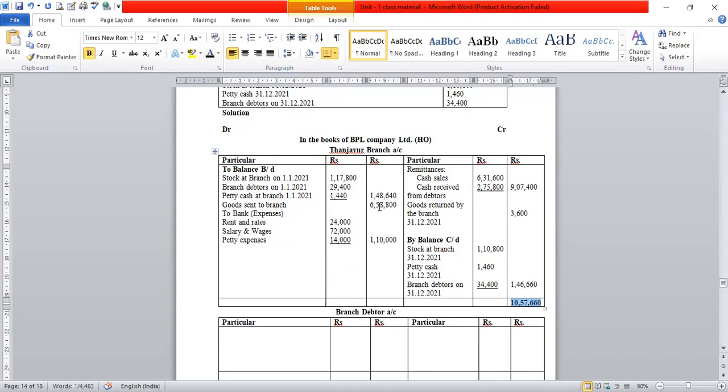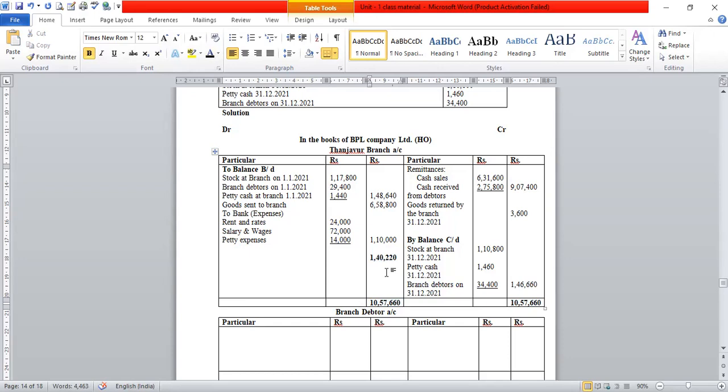So the difference, இங்க 9 lakhs something there. சரிங்களா? So obviously இந்த side நமக்கு totals கம்மியா இருக்கிறதுனால the remaining difference is 1,40,220.